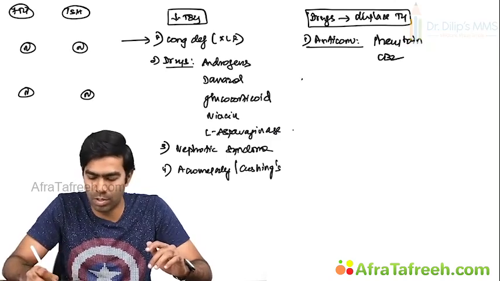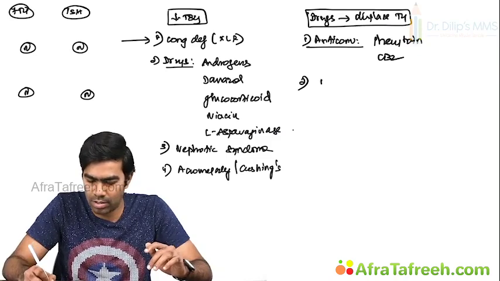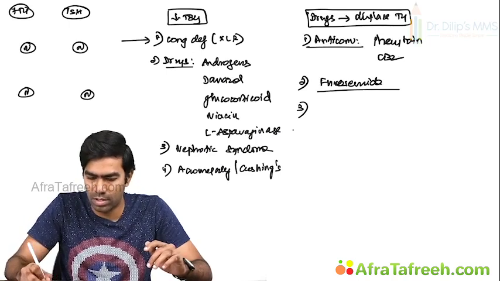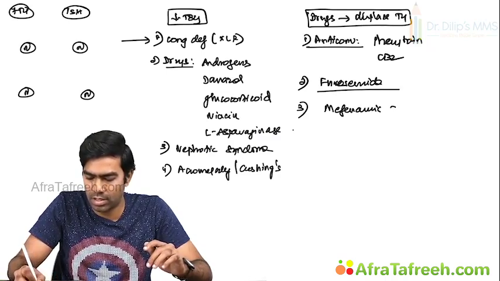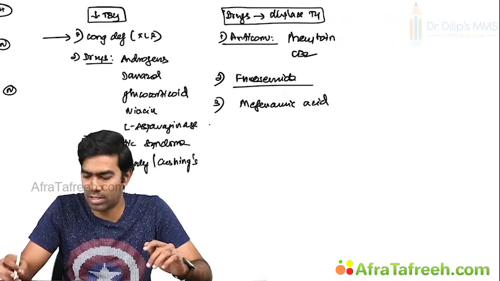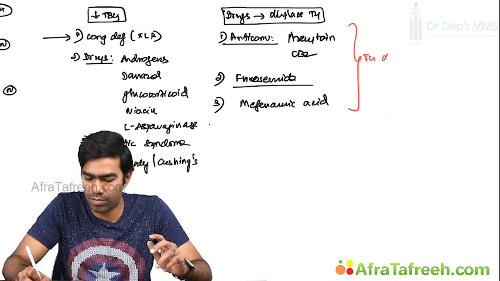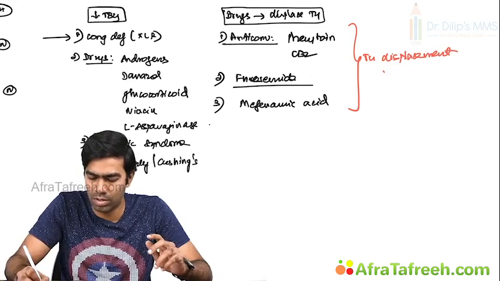Very important. Number 2, certain other drugs like high dose Lasix, high dose furosemide, but only in high doses. Third one, NSAIDs like mefenamic acid. It's also imperative to understand that these drugs displace T4 from thyroid binding globulin only.